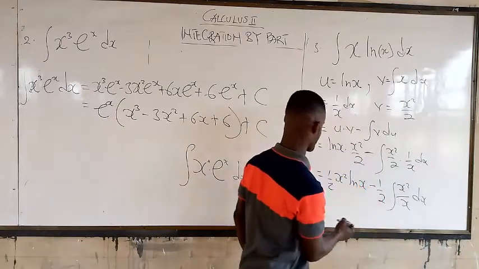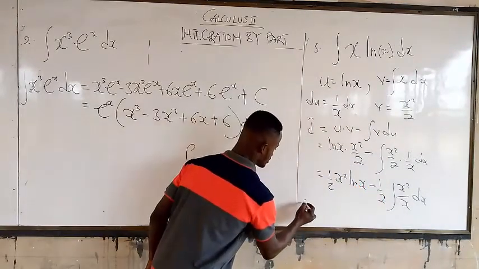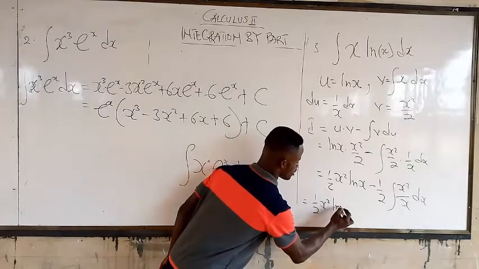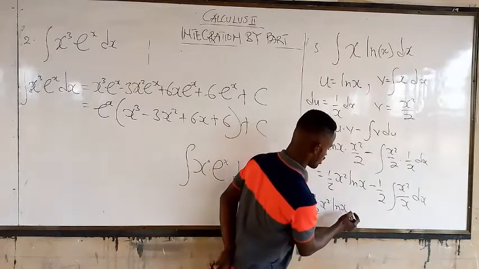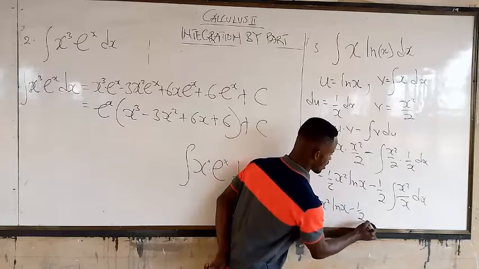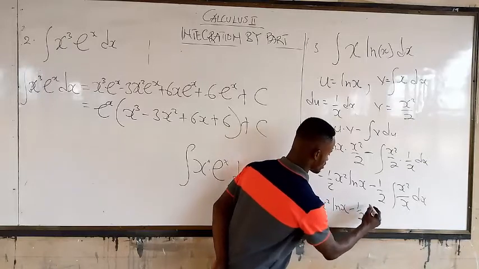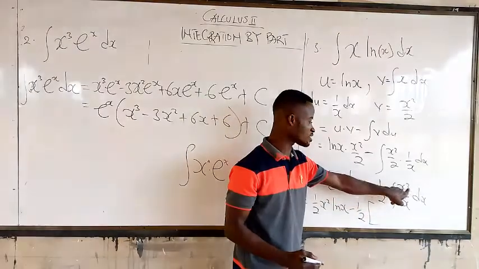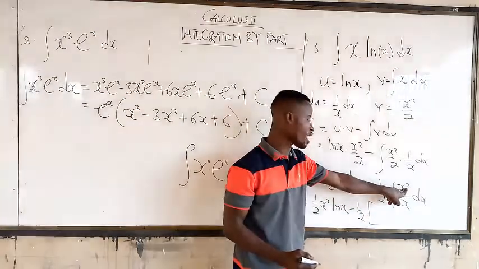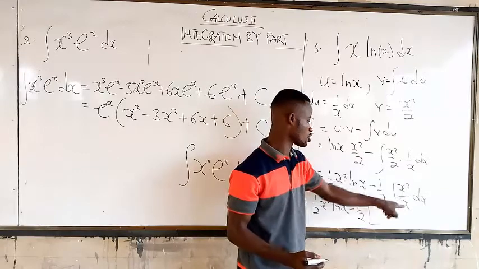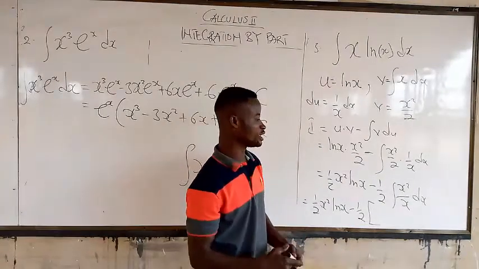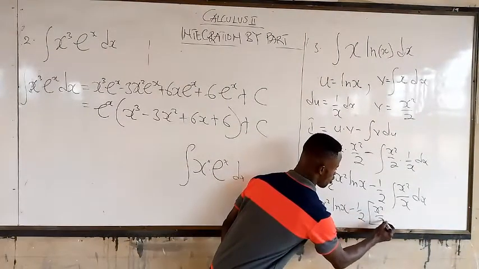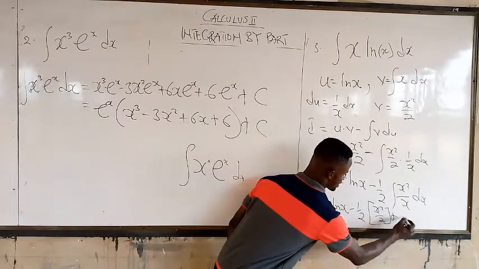We are going to get half s squared ln s minus half, then we integrate. Don't forget, this cancels this, so you get x. So what's going to be integral of s? That is s squared over 2 plus c.